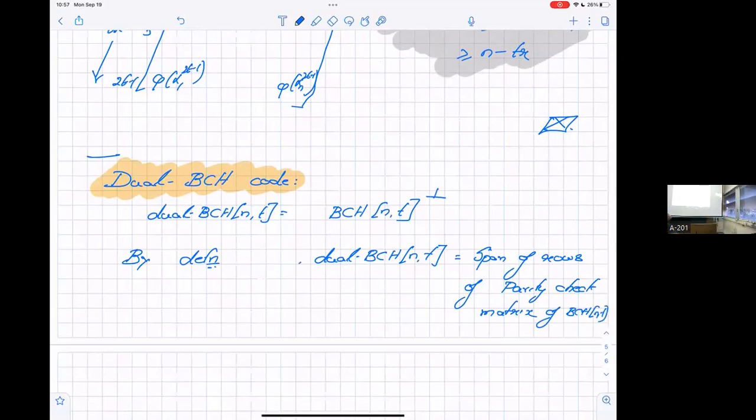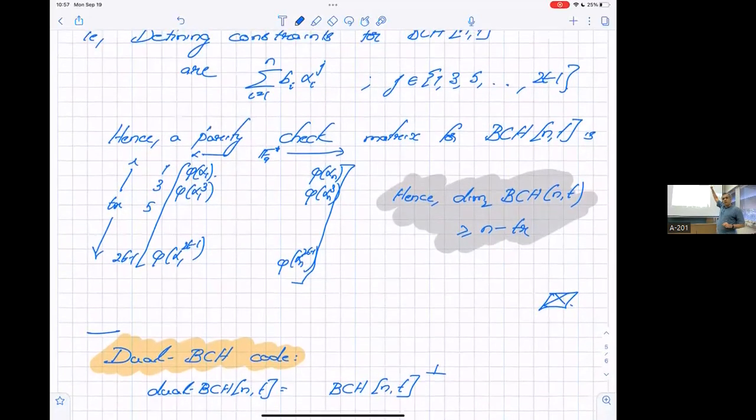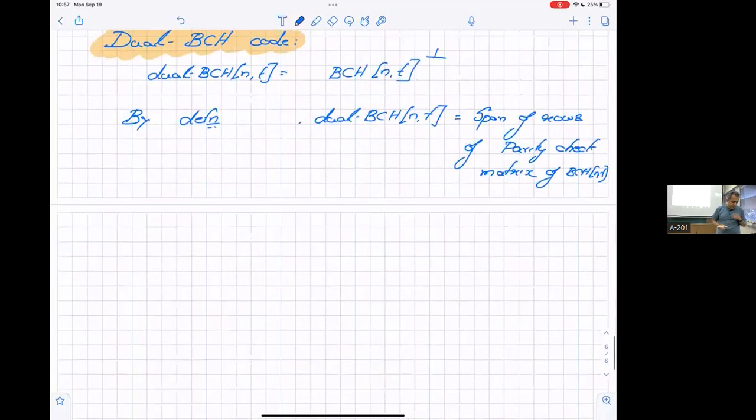So in that sense we understand it, but let's look at what the span looks like. Actually, let me not go to 2t minus 1, let's go to 2t. When you're taking the span, it doesn't matter if I put in dependent rows, so let's put them in. What does the span look like?